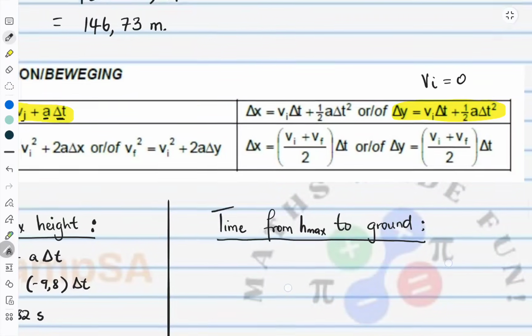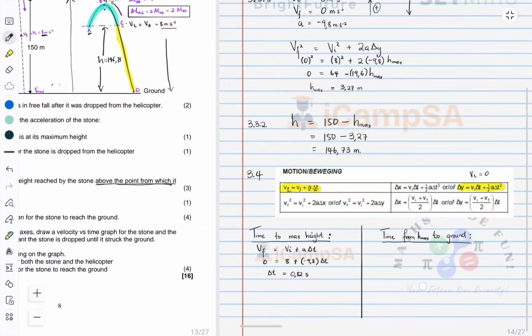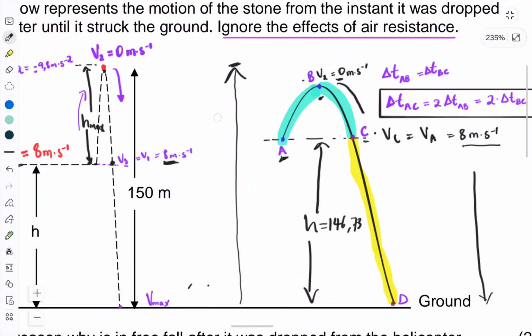So I'll just use that, and I know that height there is 150, so I can use that. It's straightforward. Let me come and show you here. H max is this point here, the apex, this one, point B, and I know at point B my maximum height is 150, and I know the velocity there is 0.